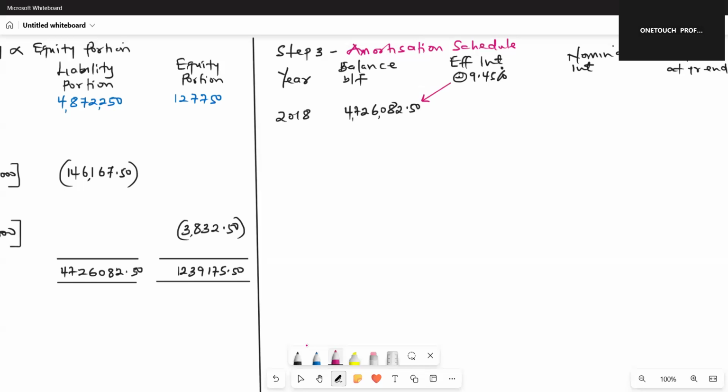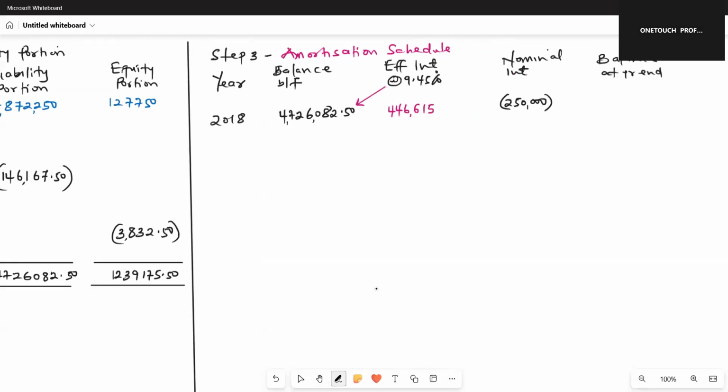And that will give us how much? 446,615. That's correct. Then the nominal interest we know is 250,000, right? So we get the balance at the end of the year. How much do we get?